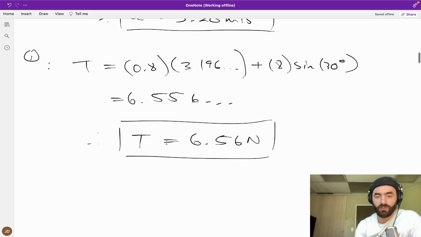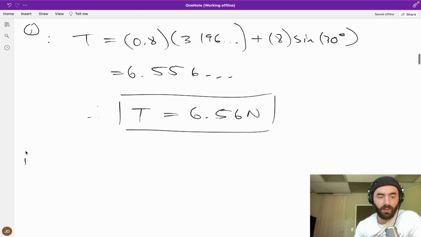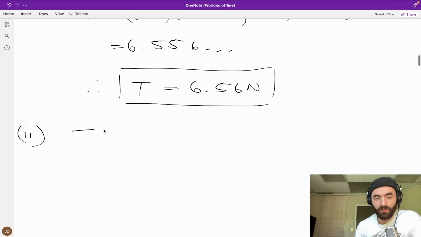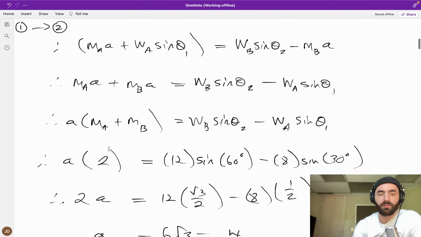So if we want to find mu, we need to set up an equation for mu. The sum of forces about A is going to equal 0, because the system is not moving. And what are the forces about A?